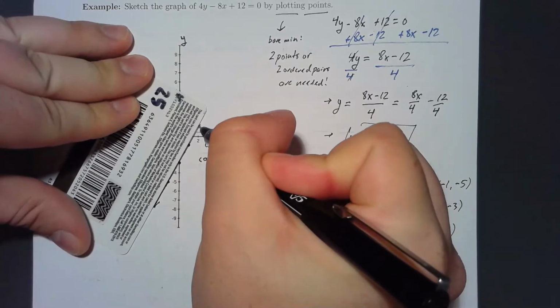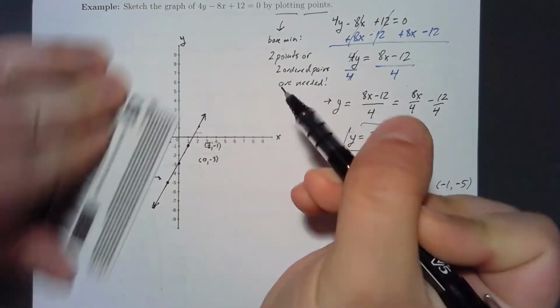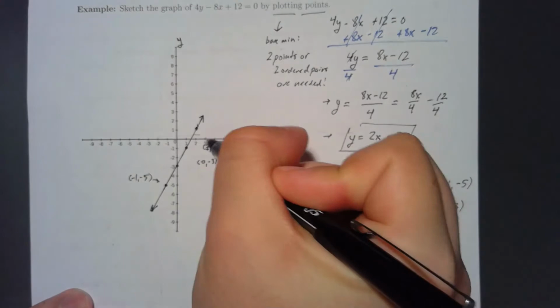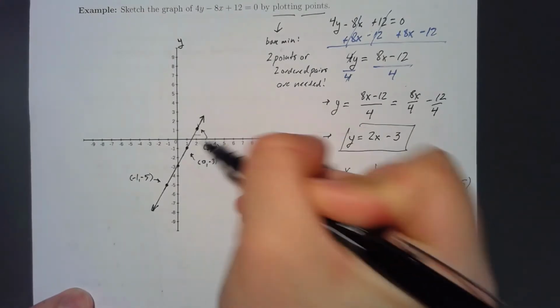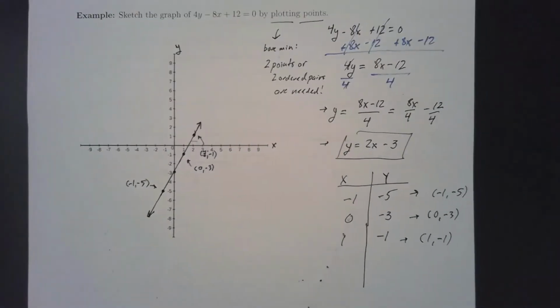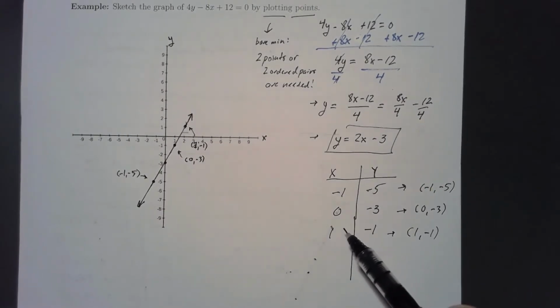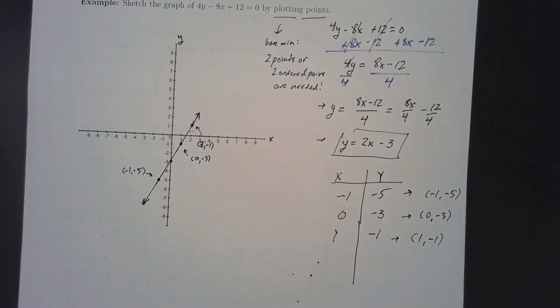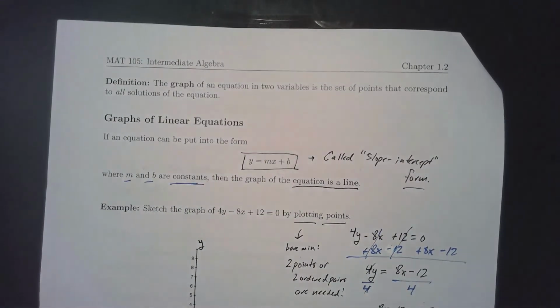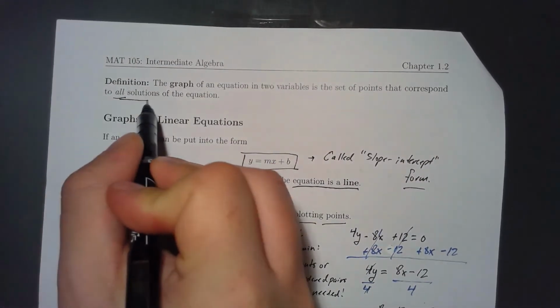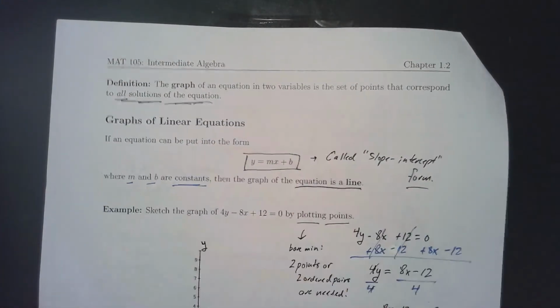Now, I just want you to know, nothing to it, right? I just want you to realize that these are the only three that I picked. If I go up here a little bit, all the solutions of the equation.